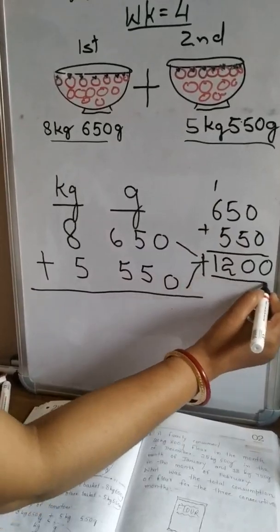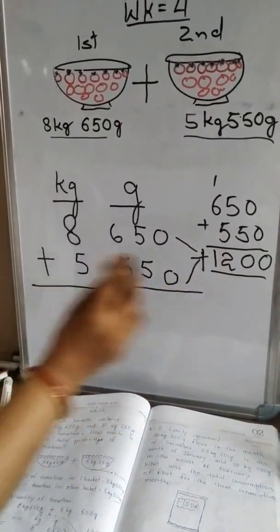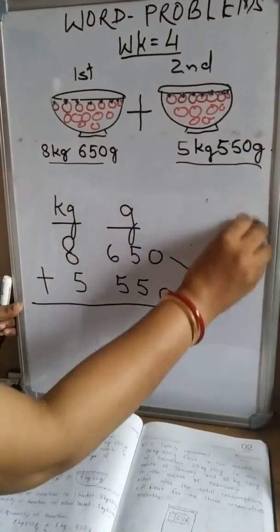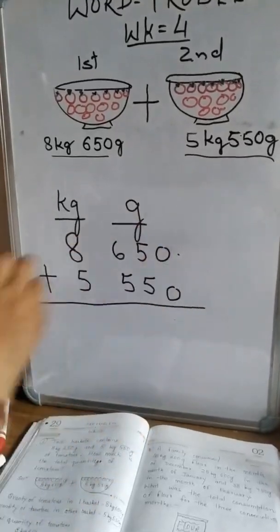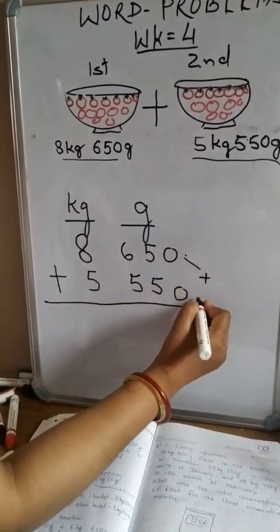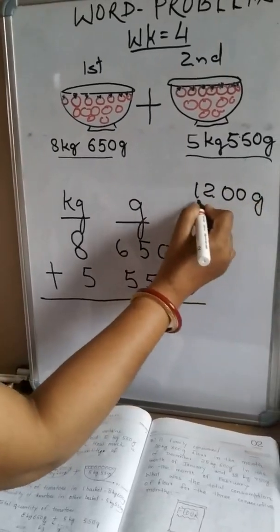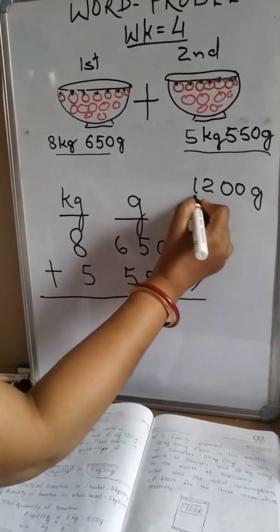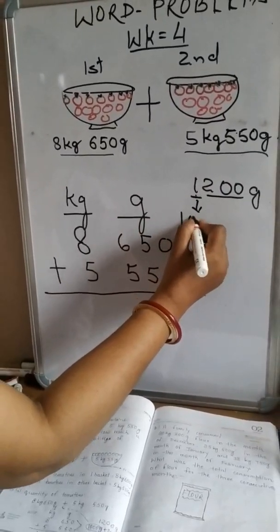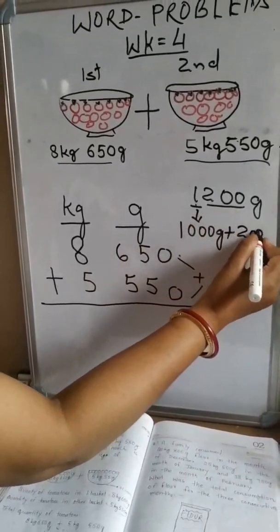So here it is 1200 gram. This 1200 can be split into two parts. So 1200 will be written as 1000 gram plus 200 grams.